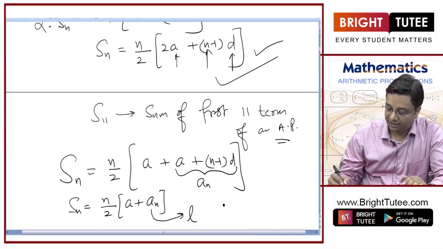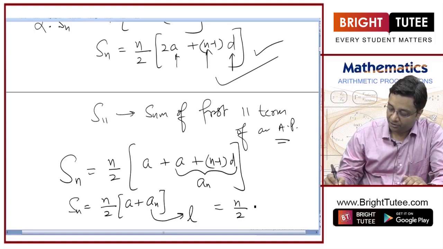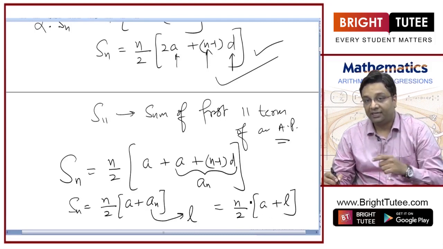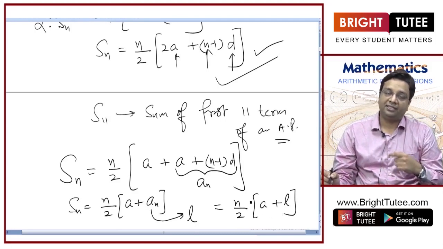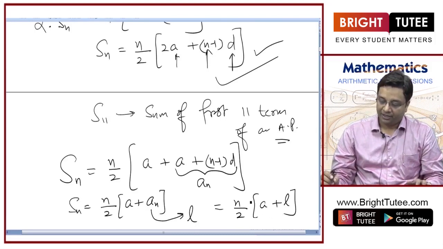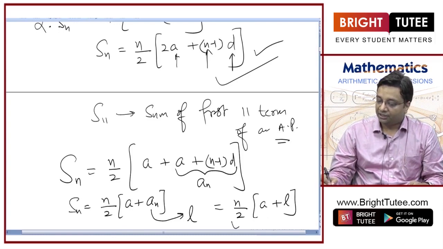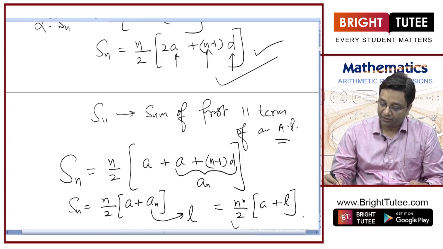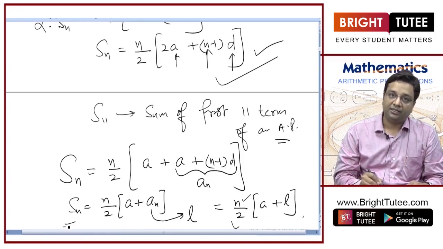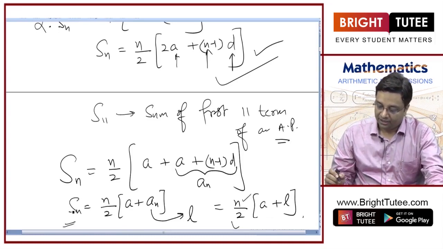So I can write it as L also. So it will be equal to n by 2 into a plus L, right? Where n is the number of terms and L is the nth term or the last term. So if you have the first term, the last term and the number of terms, you can directly calculate the sum of n terms, right?